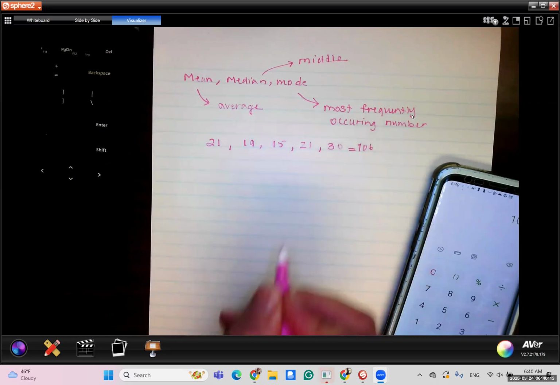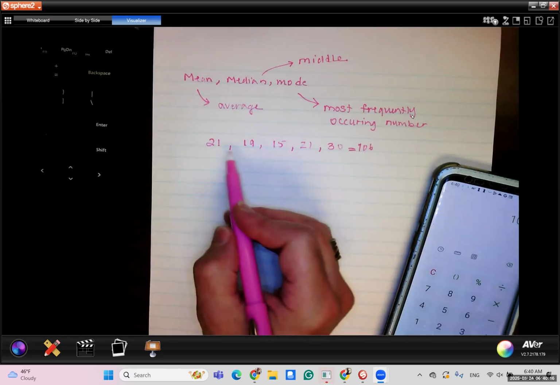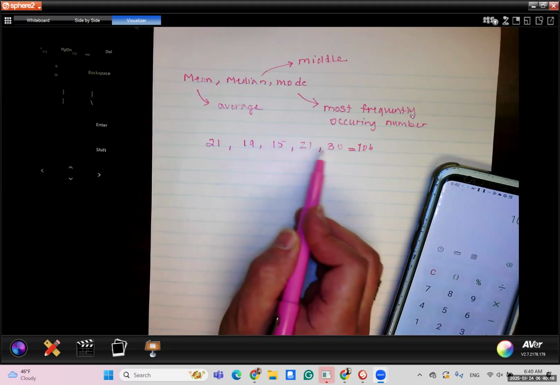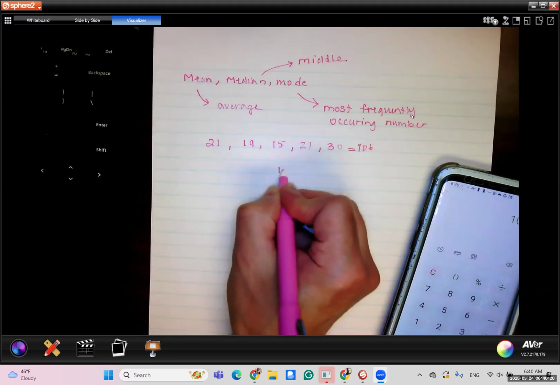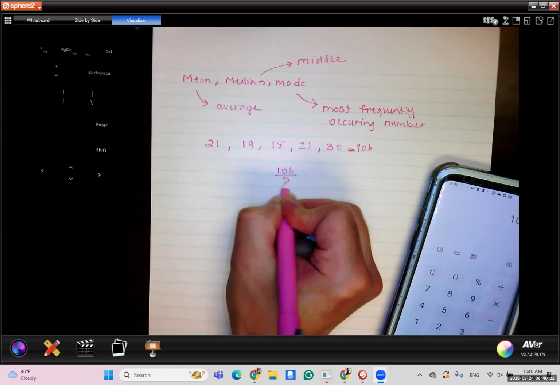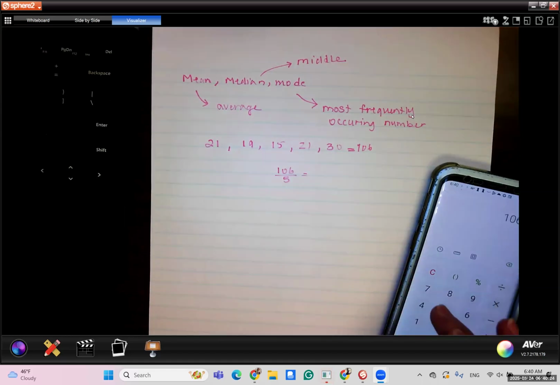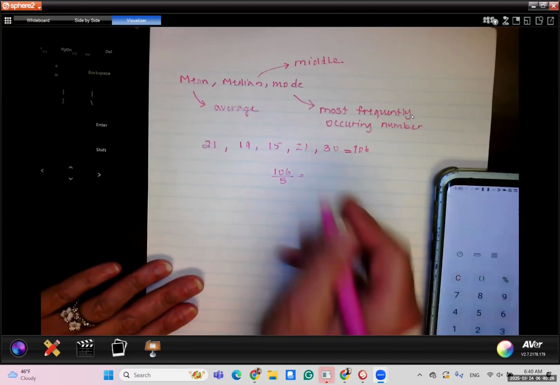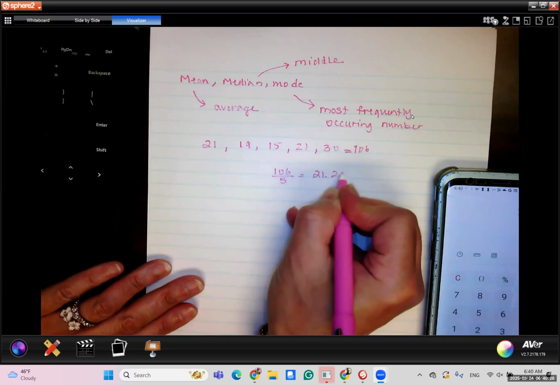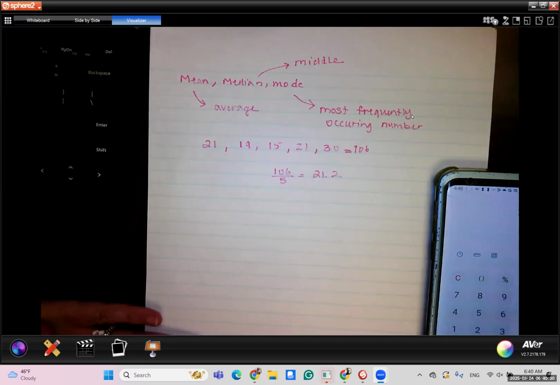And then we're going to divide it by the total number of data points. In this case, we have 1, 2, 3, 4, 5 data points. So 106 divided by 5 is 21.2. So this will be your average for those 5.